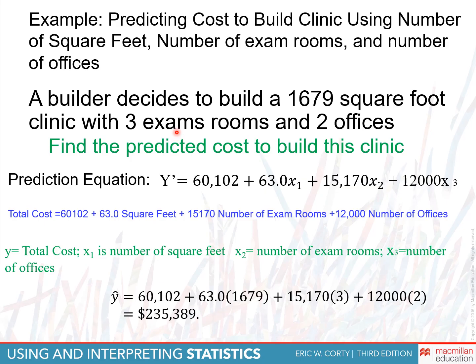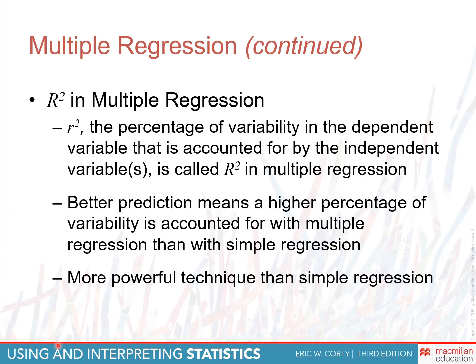We know there are 3 exam rooms, so we'll substitute that in for x2. And then we know there are 2 offices, so we'll substitute that in for x3, which is the number of offices. If we solve for all that, we're going to get a cost of $235,389.